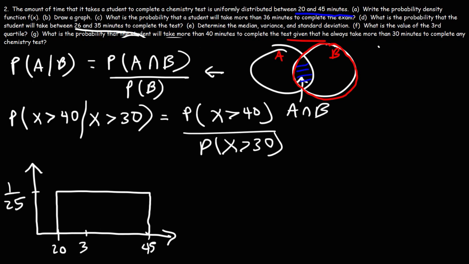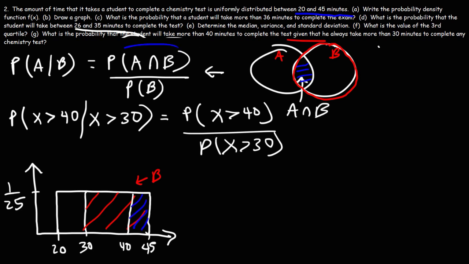So 30 would be here. So I'm going to highlight B in red. Now A would represent the area that is between 40 and 45. So A would be this region.